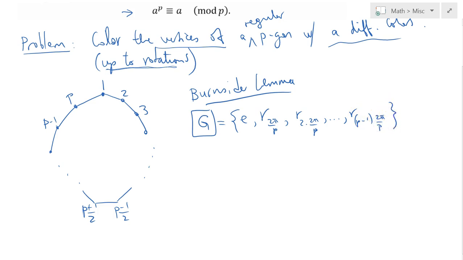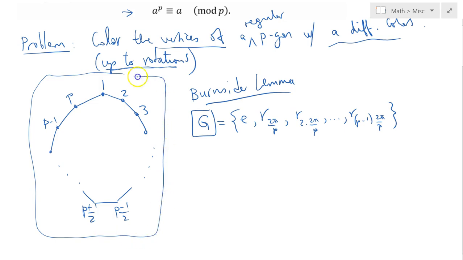So this is the symmetry group of the regular p-gon, where p is a prime. This is the group that acts on this shape.